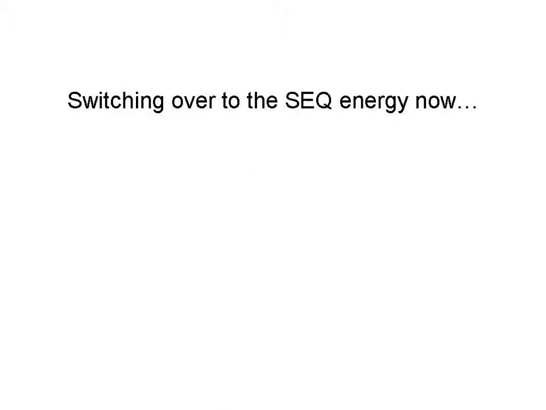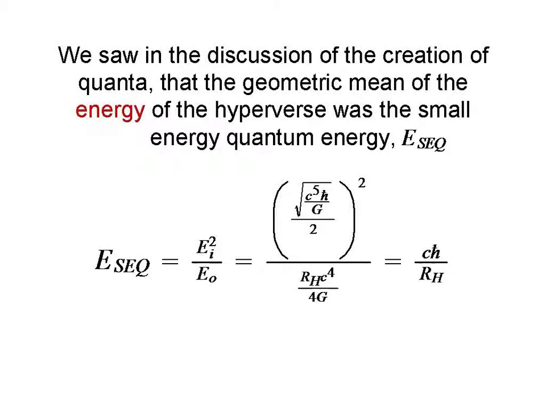We're going to switch over now to the small energy quantum energy. We saw in the discussion of the creation of quanta that the geometric mean of the energy of the hyperverse was the small energy quantum, E sub SEQ. And we know that the small energy quantum energy is equal to the initial energy squared divided by the energy of the observable universe.